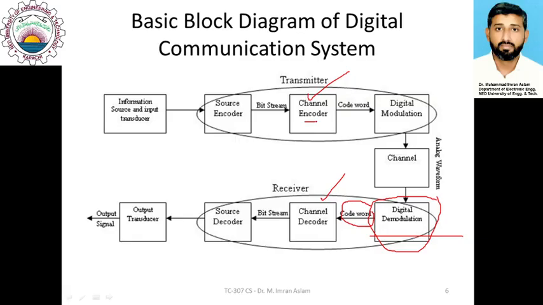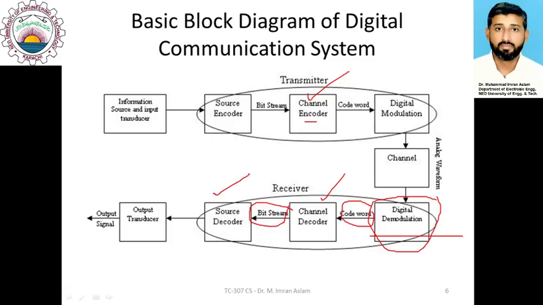After making the corrections or retransmission, the channel decoder removes the non-information bits or parity bits that were added by the channel encoder, and after removal of those bits, whatever bit stream is received is sent back to the source decoder.